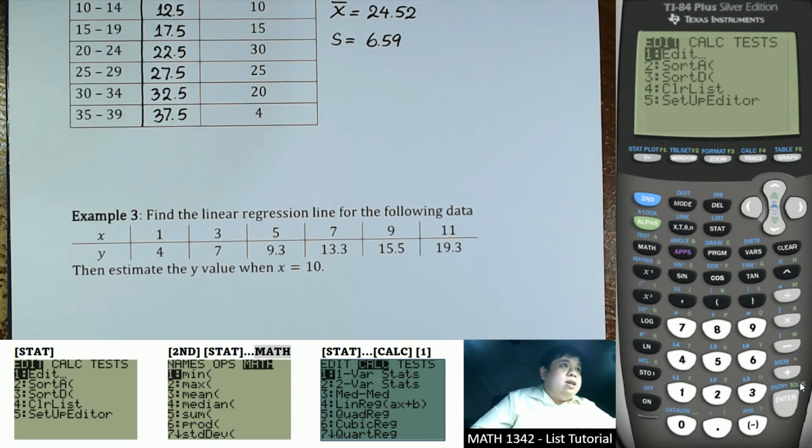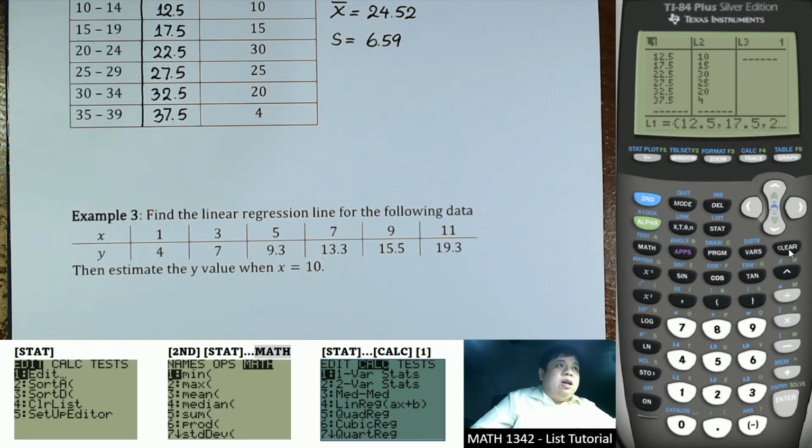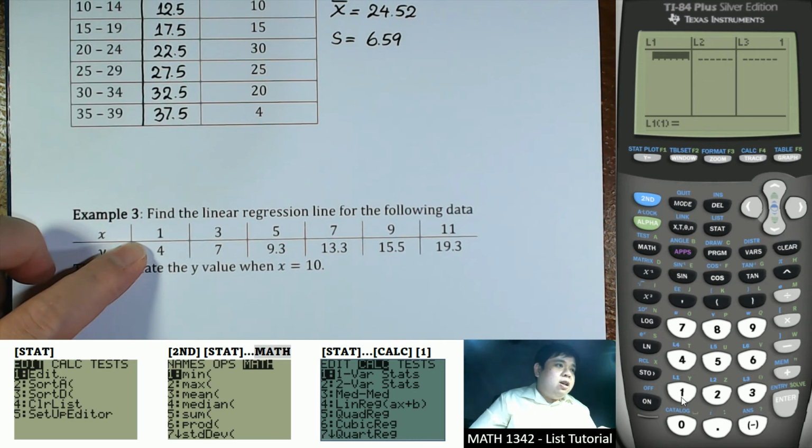Stat, edit, enter, and now enter the values. Clear the list first. Clear. Right. Now, x: 1, 2, 5, 7, 9, and 11.